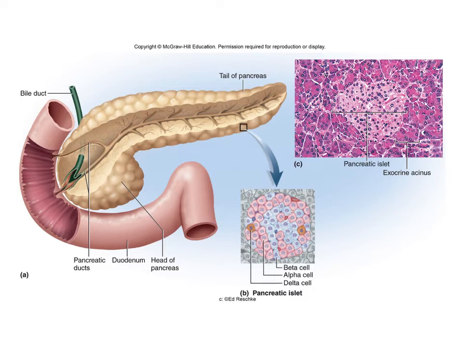All right, now what we're going to do is talk a little bit more about insulin and glucagon. These two hormones have opposite effects on blood glucose, so we're going to focus in on the abnormal trigger and then what hormone is going to help to fix it and bring it back to homeostasis.